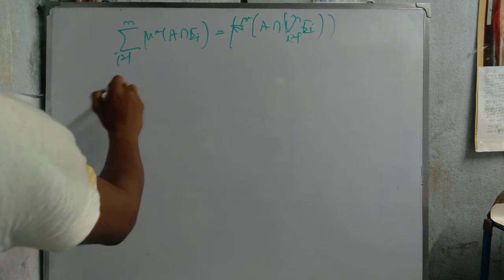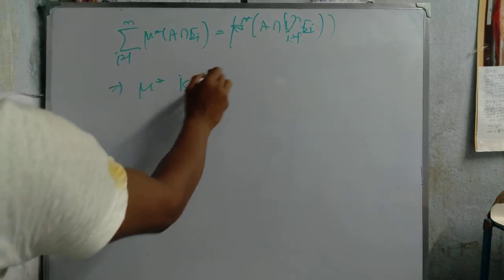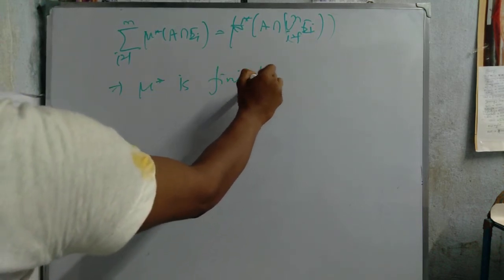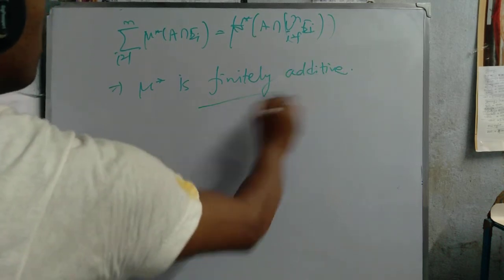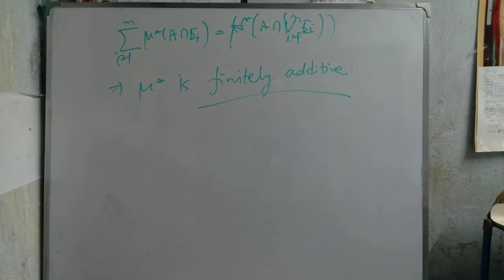Then what we get? We get mu star is finitely additive. Okay, one important property also get from this, how we get we are not talking about.